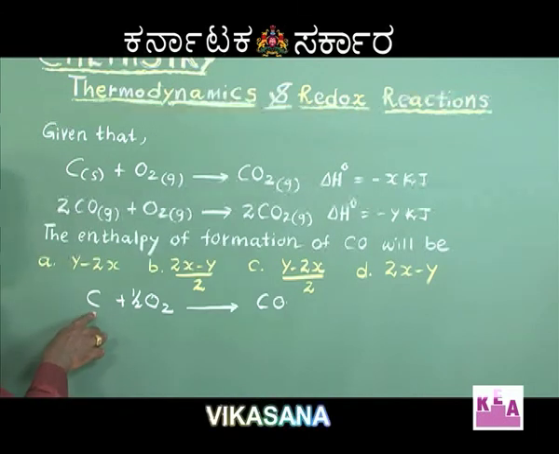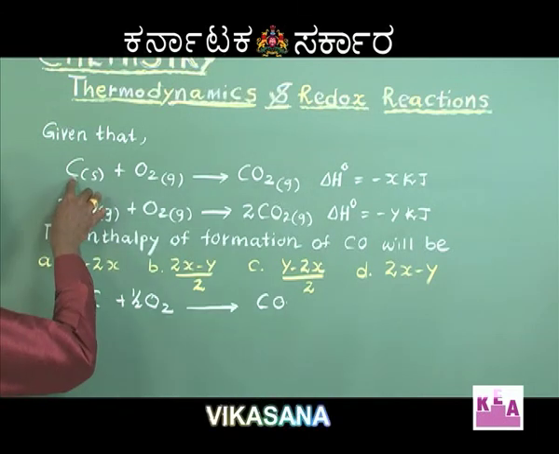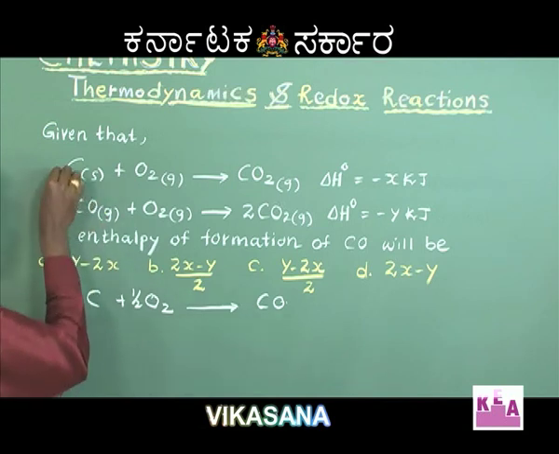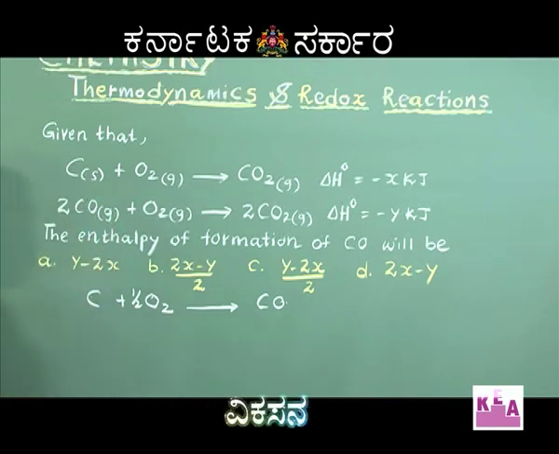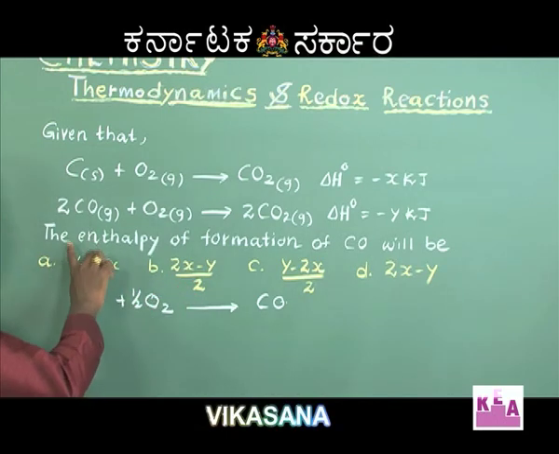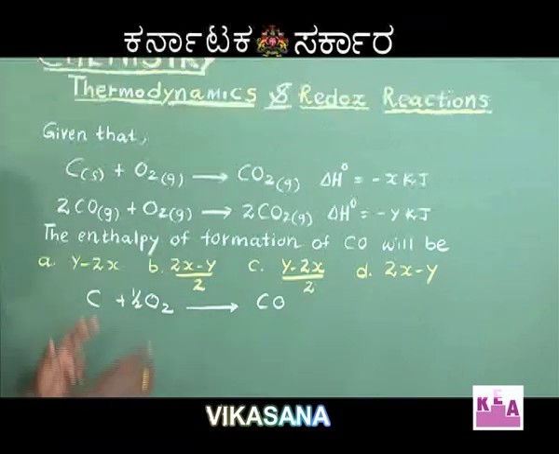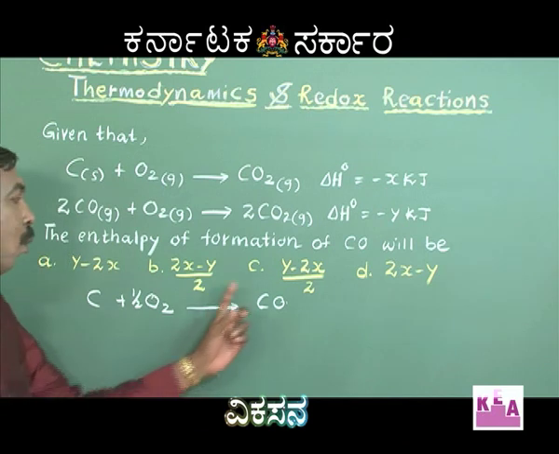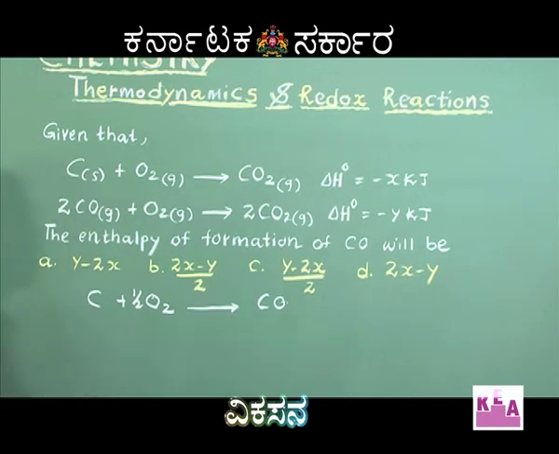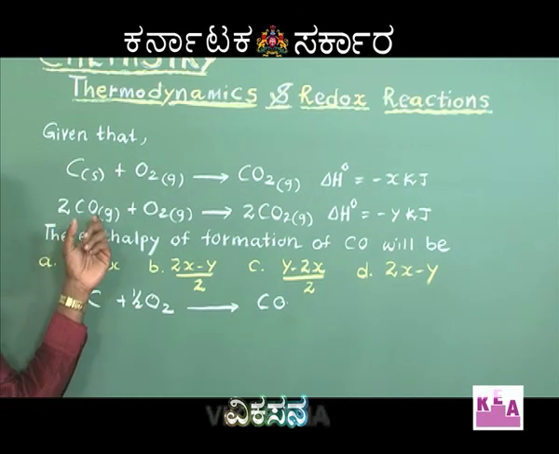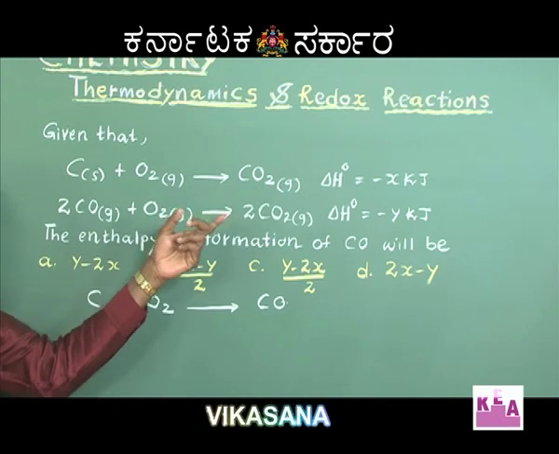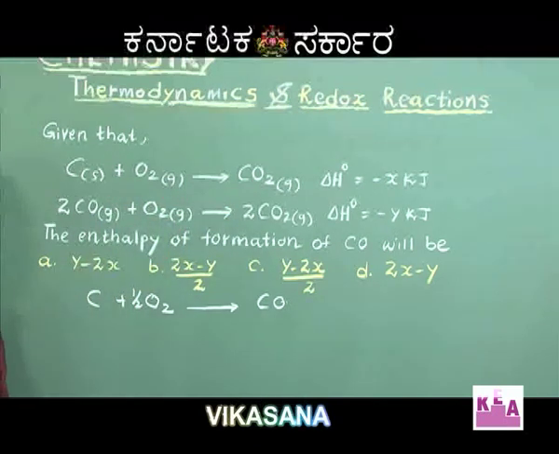I want carbon, which is there in equation 1, if I label them as equation 1 and equation 2. I retain it as it is, equation 1. I want carbon monoxide on the product side, therefore I will reverse equation 2, and I want it for 1 mole, therefore I have to divide the value of delta H naught for equation 2 by 2.